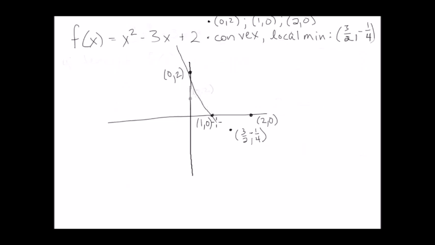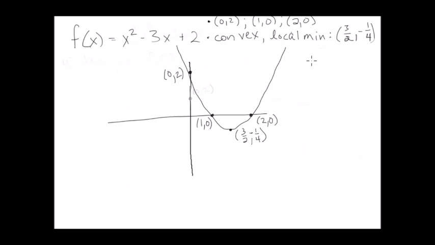And then it's simply a matter of connecting the dots and so forth. So as long as you have all of the points correctly identified and labeled, you then just need to sketch the graph correctly, specifically making sure that you show the convexity or concavity correctly.